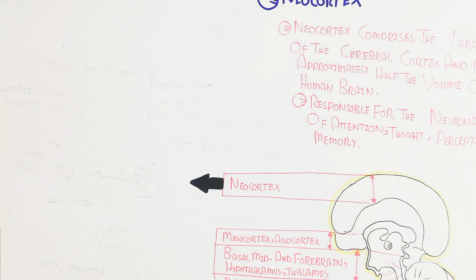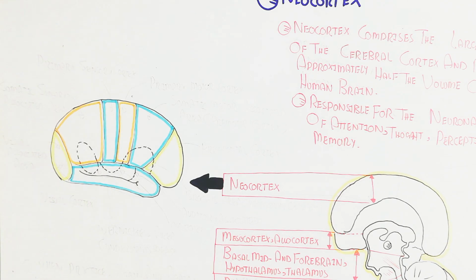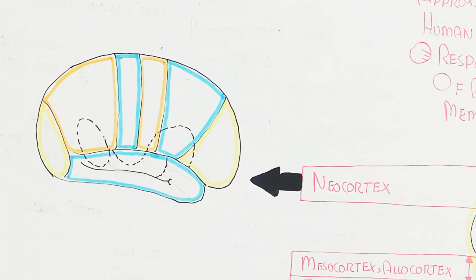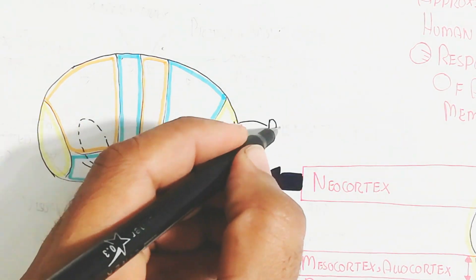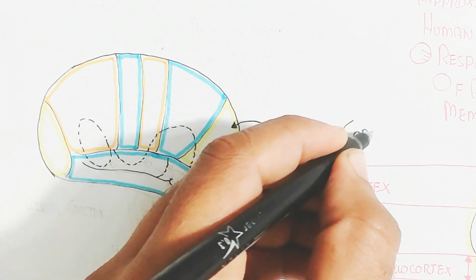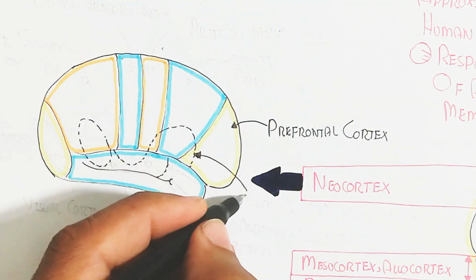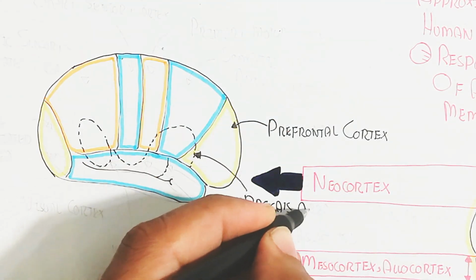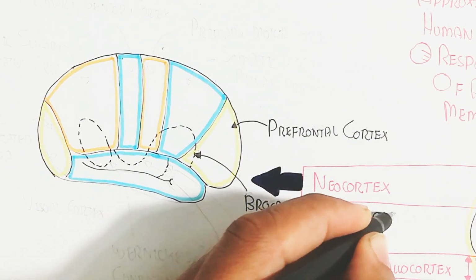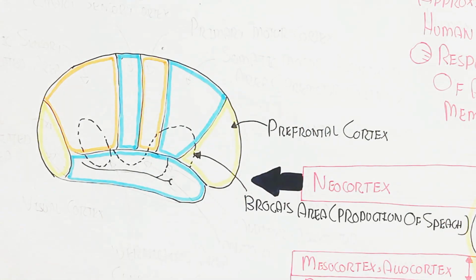The neocortex is divided into several regions of the brain. Let's begin with the prefrontal cortex. The prefrontal cortex and the frontal cortex are present here, and their functions are different.